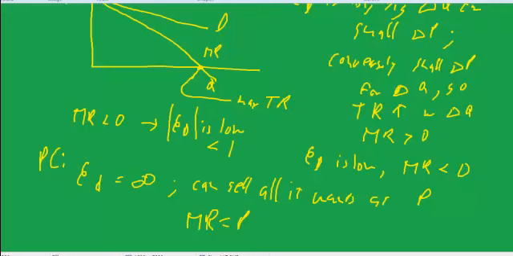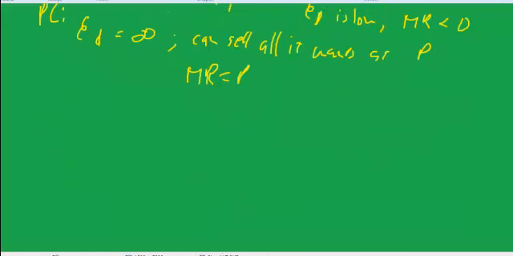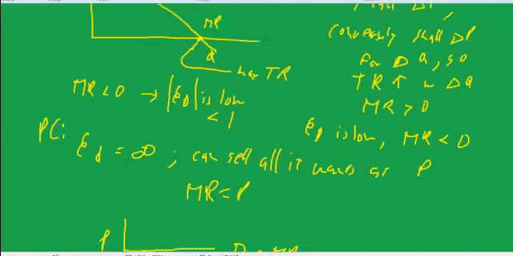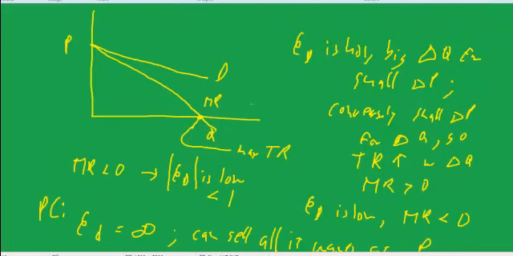Remember, a perfectly competitive firm faces a demand curve that looks like this, and so demand equals marginal revenue. But for most firms that face downward sloping demand curves and are not in this world of perfect competition, which is kind of a fairy tale world, marginal revenue is below demand.